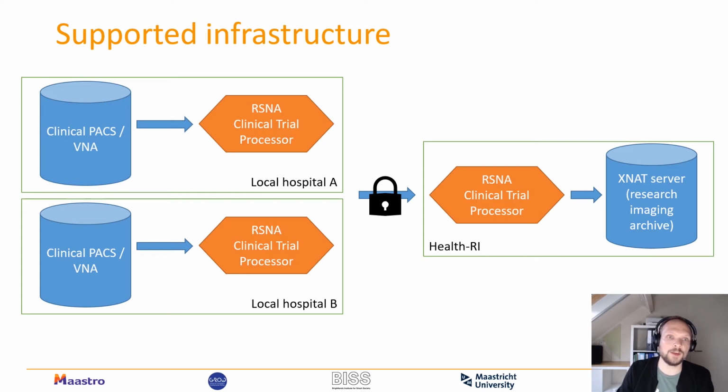There is then communication between this local CTP instance and the central CTP instance receiving the data, which goes over a secure connection. And then this CTP server receives the data and passes it on to the central XNAT server.